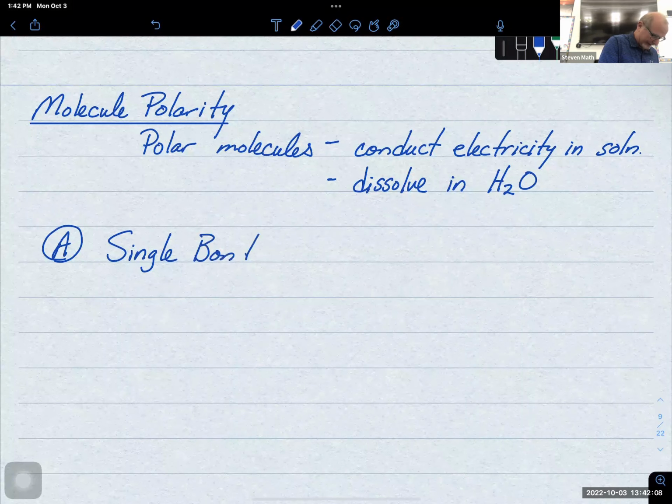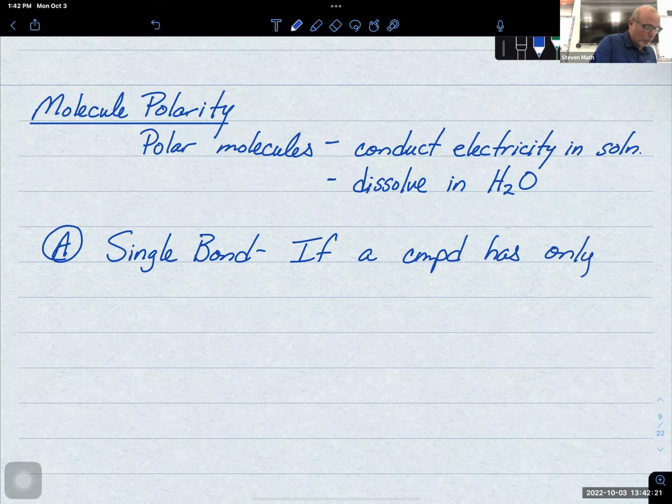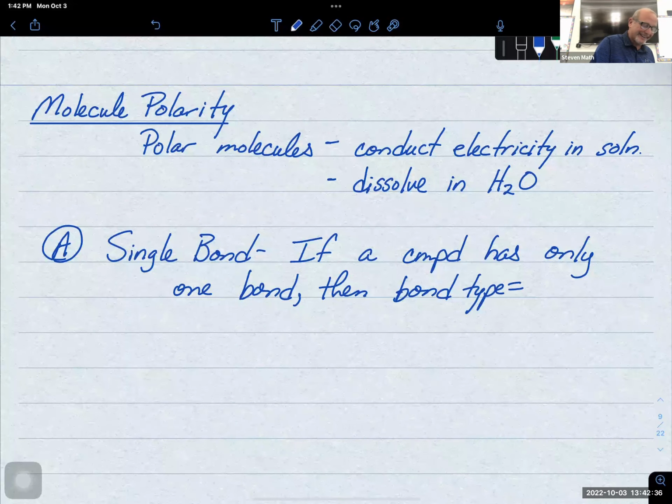And what we mean by that is that if a compound has only one bond, then the bond type is going to dictate the molecule type. Here's what we mean by this.